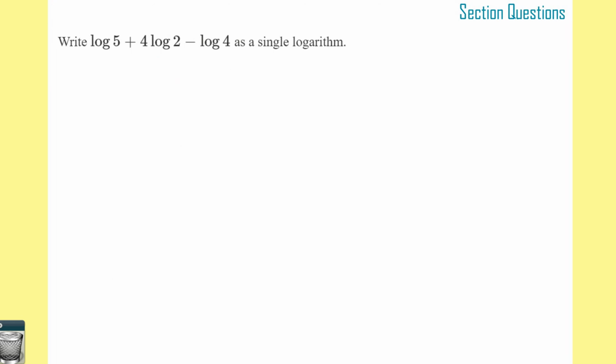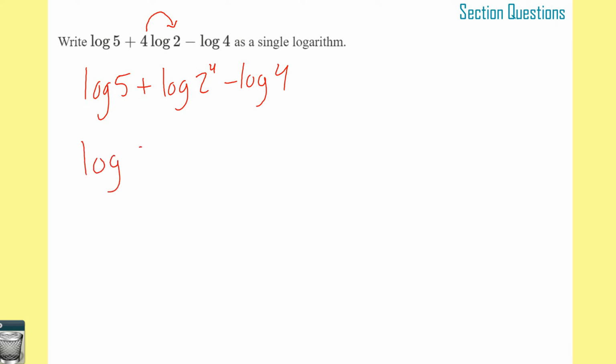Okay, so let's see. Log 5 plus 4 log 2 minus log 4 as a single logarithm. Same thing. Move your exponents first. So we get log 5 plus log 2 to the 4th minus log 4. Now we can write it all out.